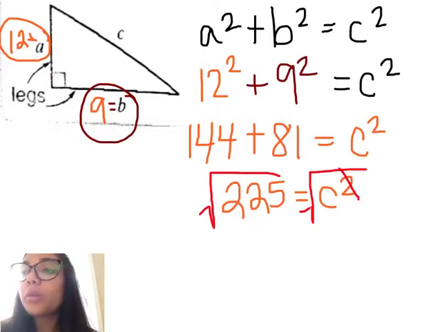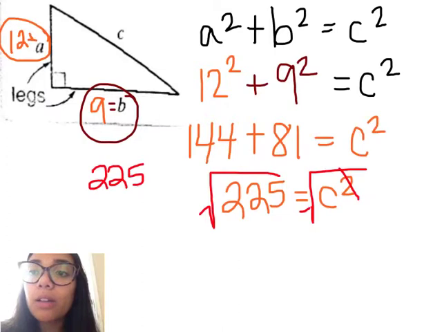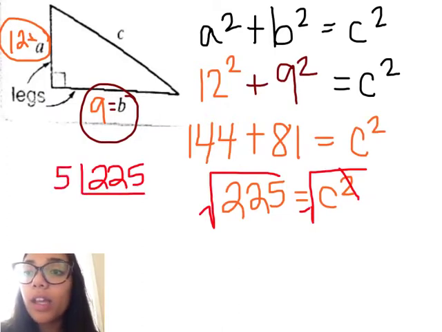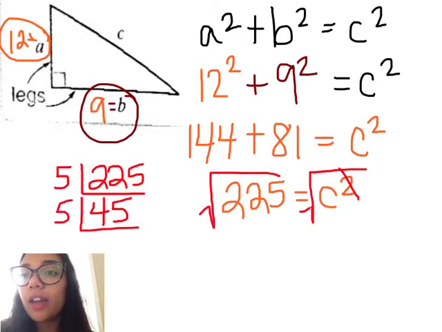The square root of 225 is something that you should memorize, but if you don't know, you can always do your upside down cake. 225 divided by 5 is 45. 45 divided by 5 is 9. 9 divided by 3 is 3. 3 divided by 3 is 1.